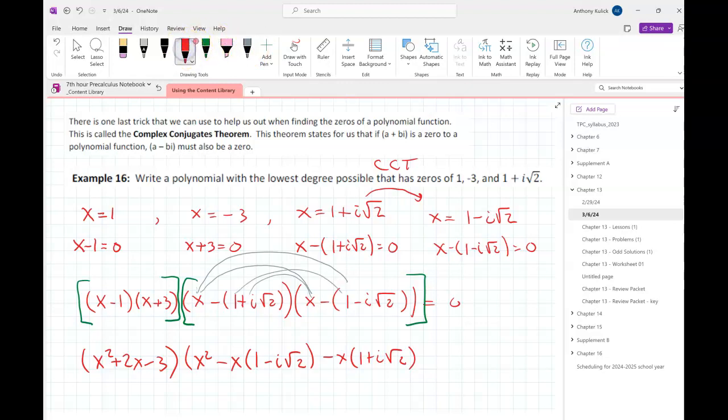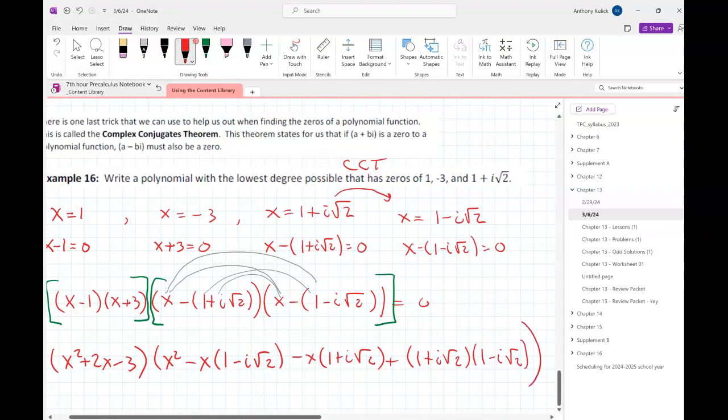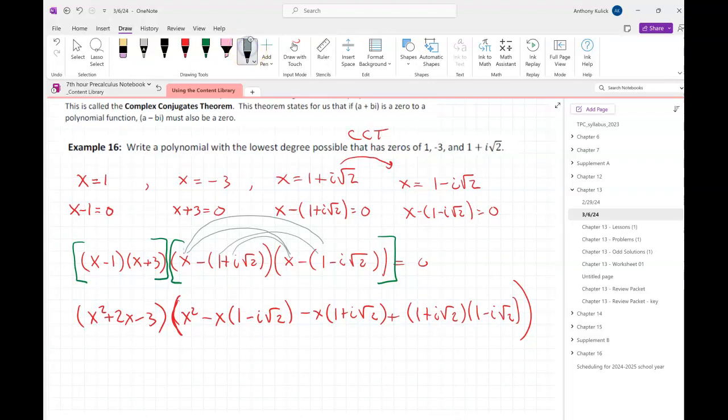And then plus 1 plus I root 2 times 1 minus I root 2. Is everybody okay with how I FOILed that out? Now I'm going to distribute my negative x through.